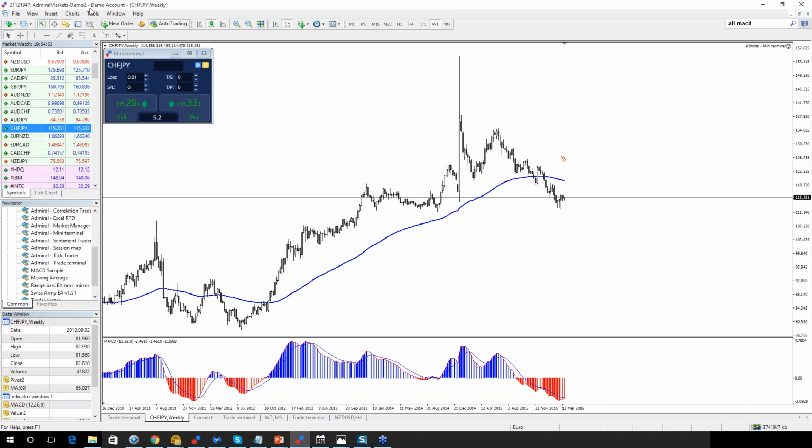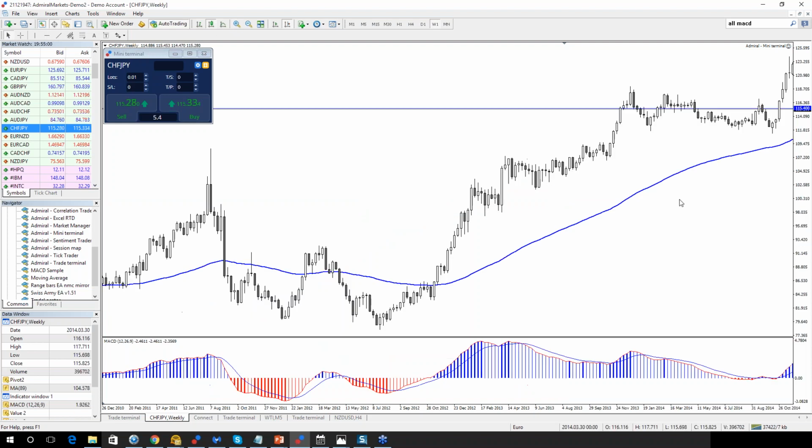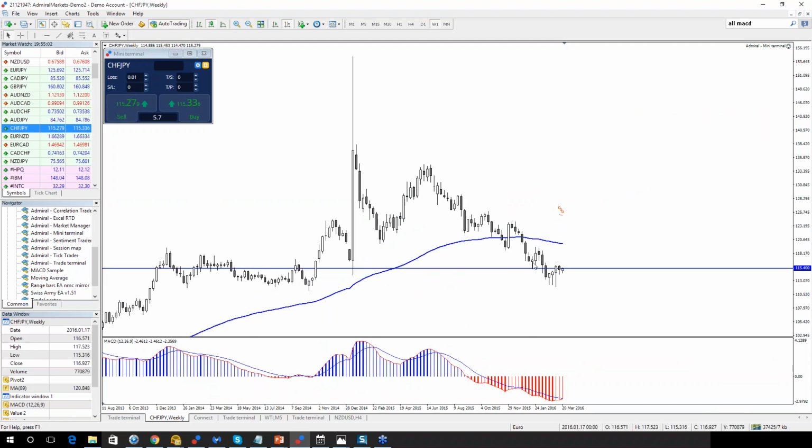And I will go for the 116 breakout. See here? The low of this candle was 115.31. Price is trying to break it. But look at this.